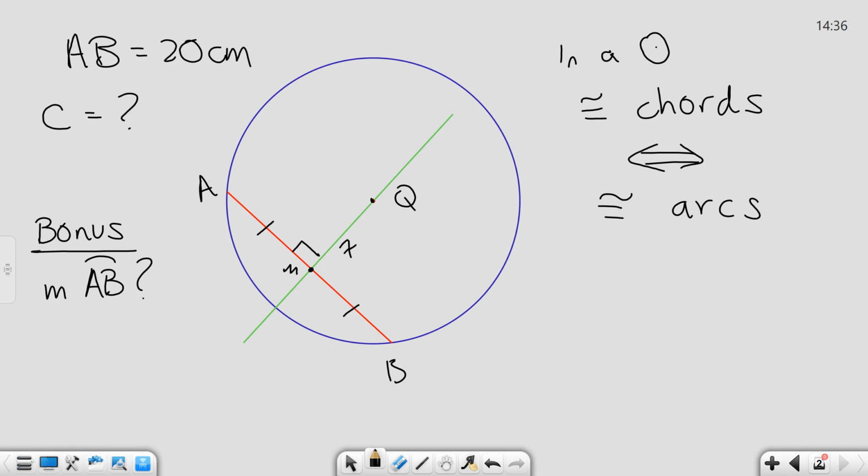C squared equals 149. C equals 12.2. So the circumference, 12.2 times 2, is 24.4.